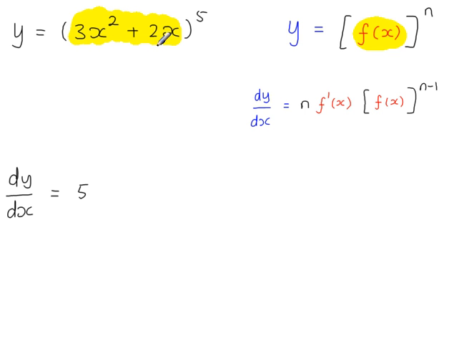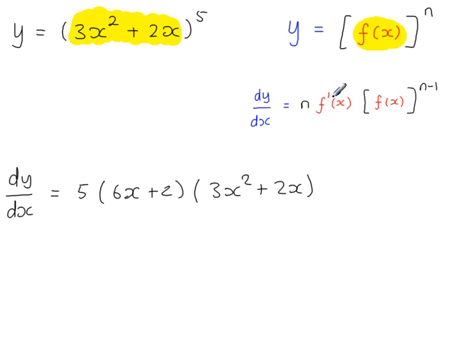So differentiating this, times this is the function inside the brackets to the power of n minus 1. So the function inside the brackets, and remember you're not differentiating here, it's just f of x.